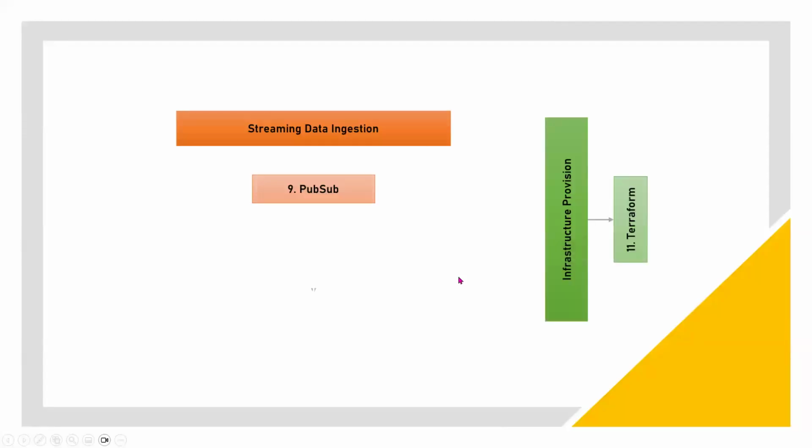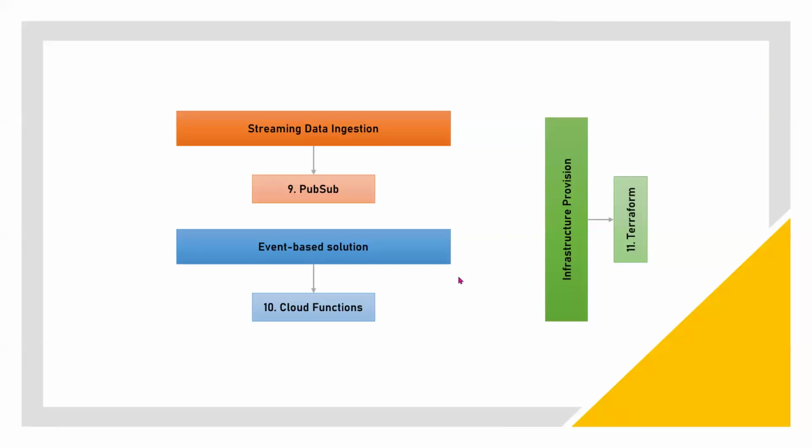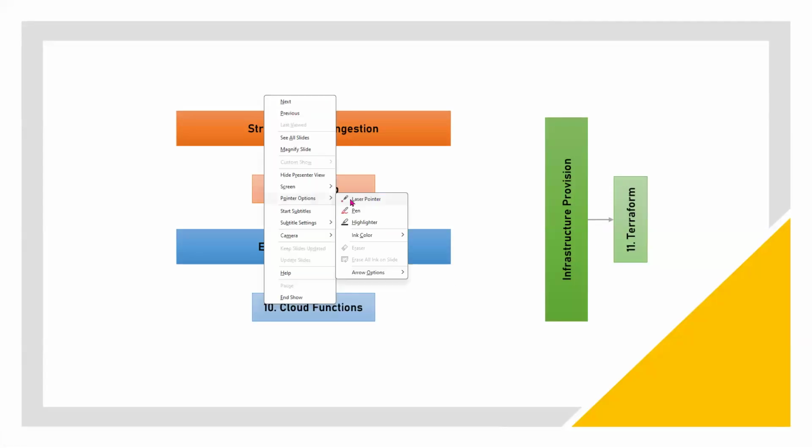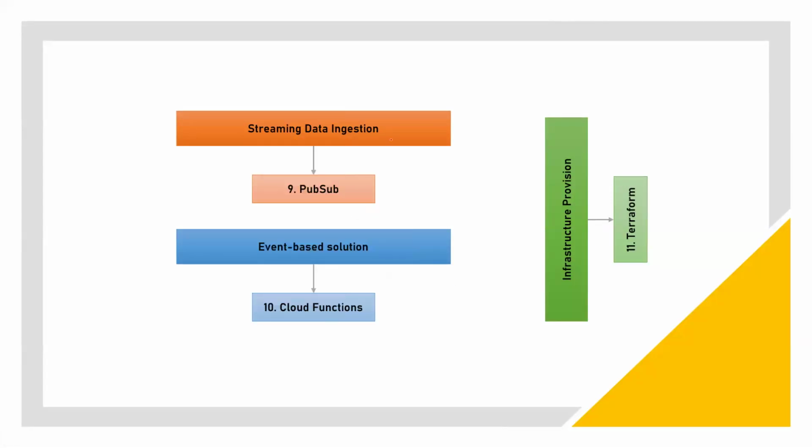Look here, guys. We are also covering a streaming data ingestion tool, which is very important. If you want to work with streaming data ingestion, we are covering Pub/Sub. And for event-based solutions, we are also covering Cloud Functions. And one more complementary topic is Terraform.